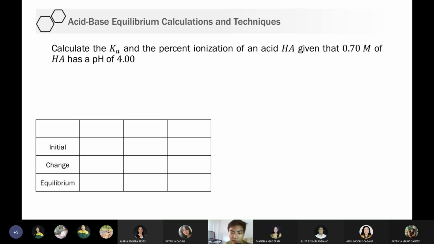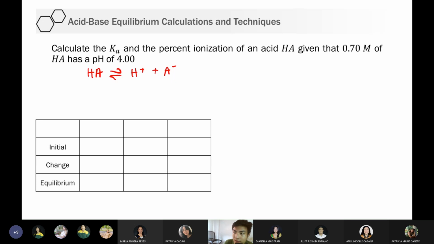If you are given an arbitrary acid, HA tawag namin doon. So, HA will dissociate as H plus and its conjugate base. Okay, so yan yung kanyang dissociation reaction. Will we be able to answer this problem?